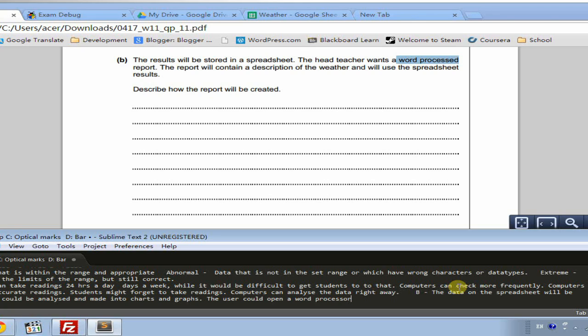The user could open a word processor and import the graphs and charts from the spreadsheet. The user could write about the charts and graphs.